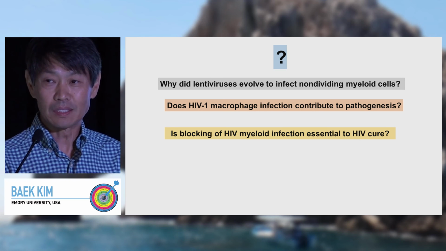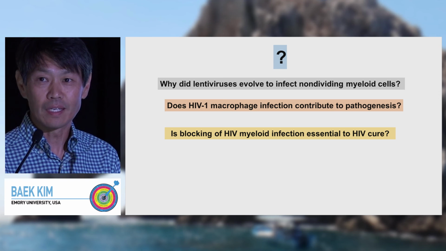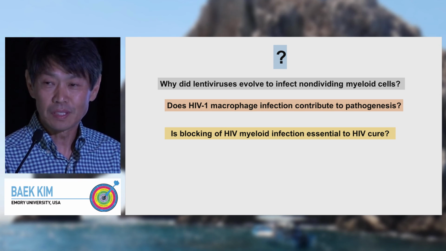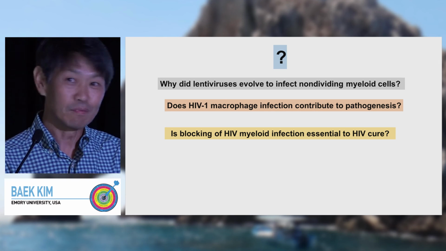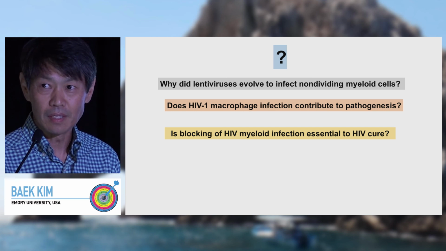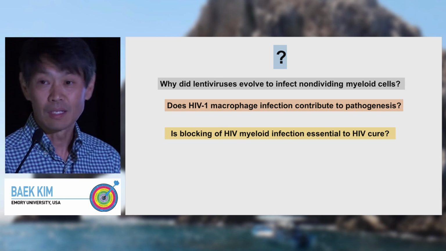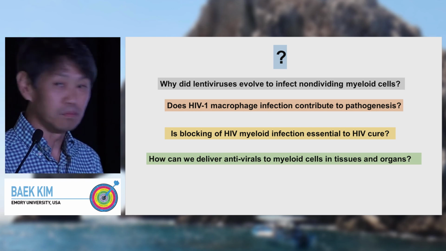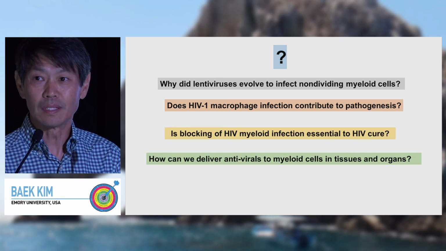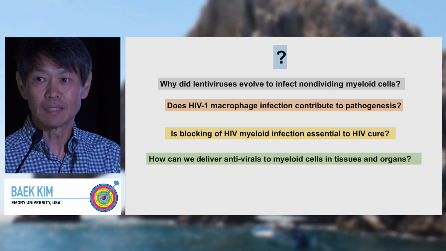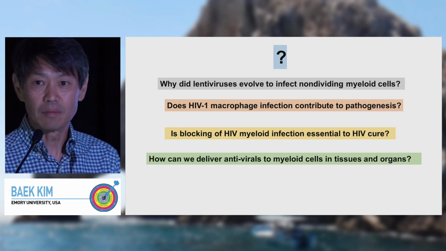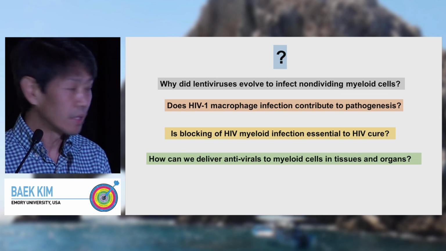David Ho said about 1 to 5% of circulating virus comes from non-dividing cells. Is it important to remove that final 1 to 5% of virus from non-dividing cells for a cure? We don't know. Also, as you know very well, all the myeloid cells are in tissues and organs that are very difficult places to deliver any antiviral. So how can we deliver antiviral to myeloid cells?